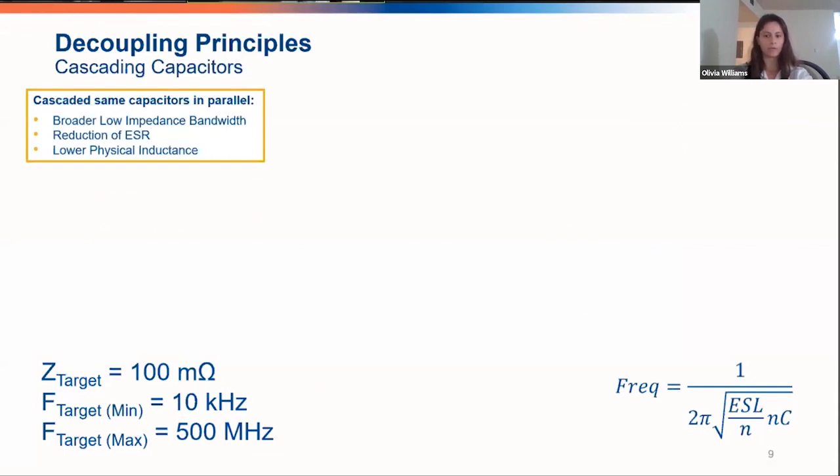This approach was sufficient as long as that active device didn't generate too much significant transient noise above the SRF of the bypass capacitors. To demonstrate this, we'll start with a target impedance of 100 milliohms, a lower frequency target of 10 kilohertz, and an upper frequency maximum target of 500 megahertz.